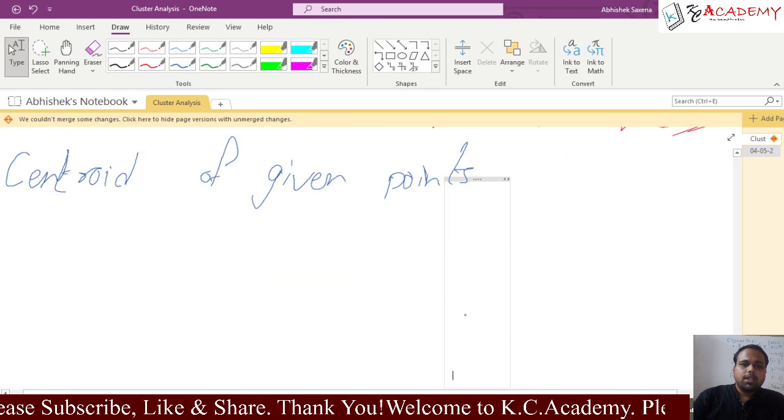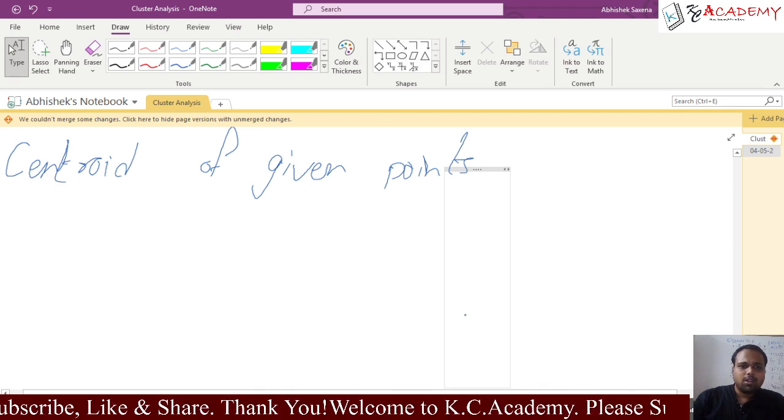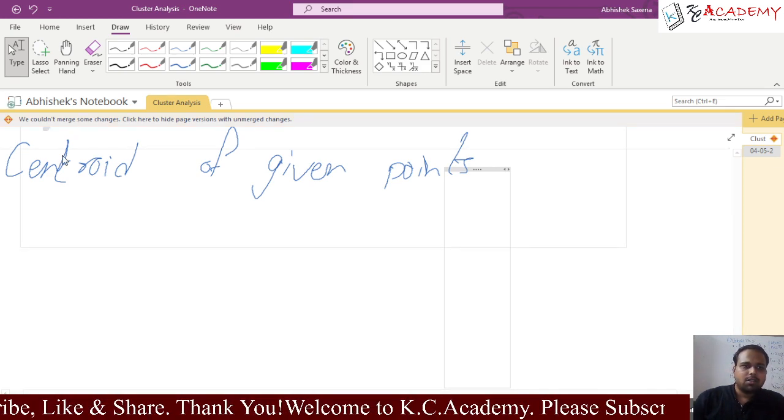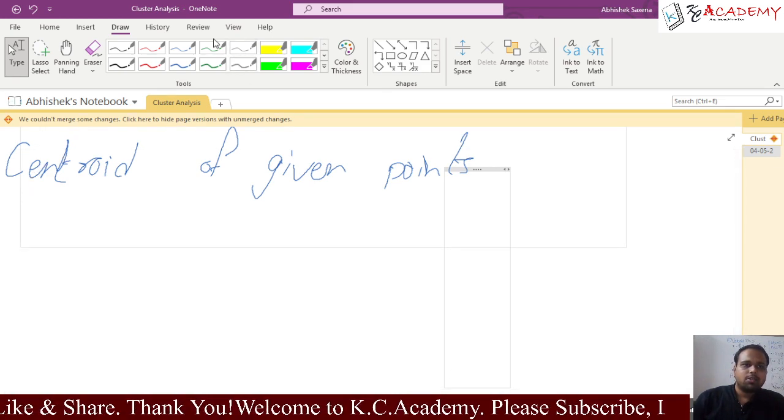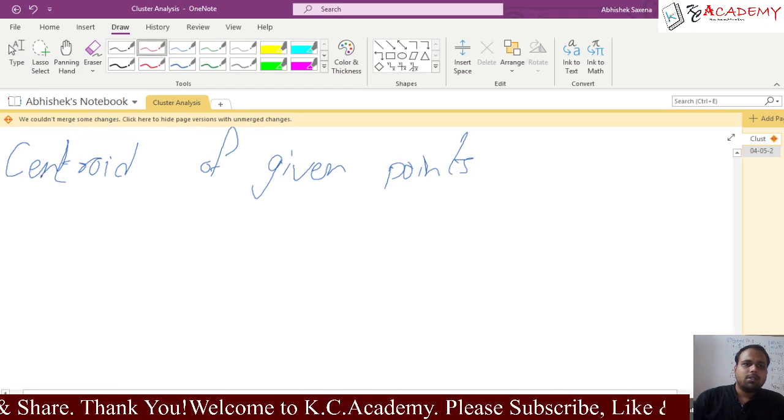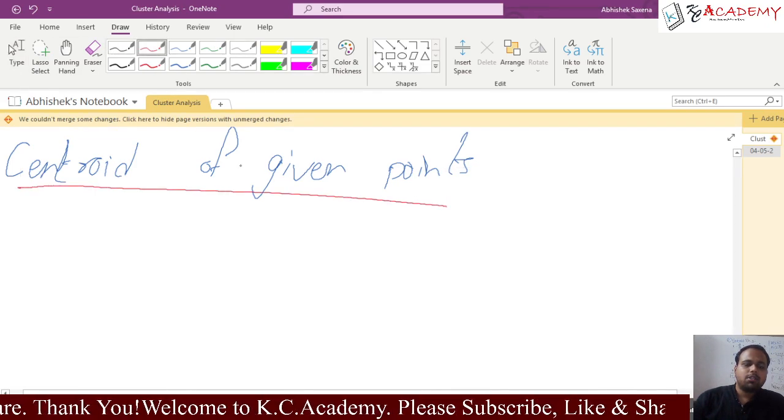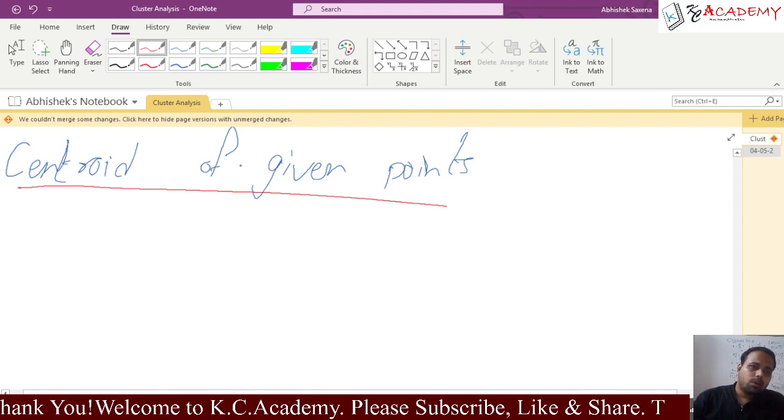Remember, avoid the handwriting because I am writing this for the first time. So the centroid of given points. So how to find it?